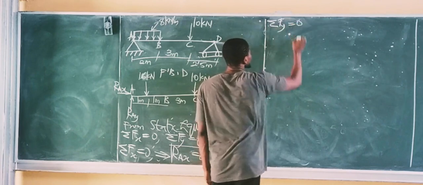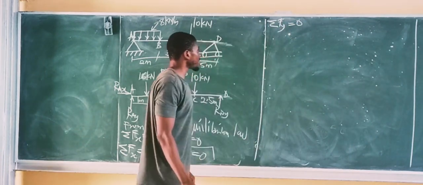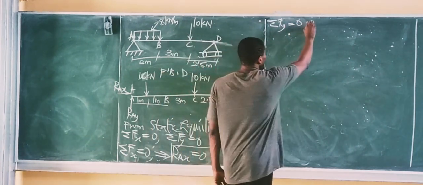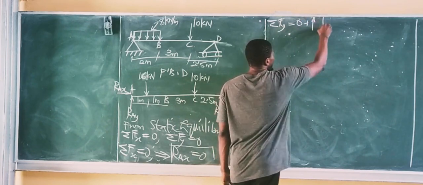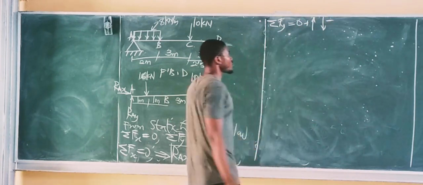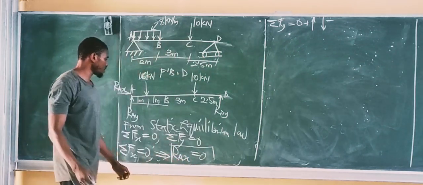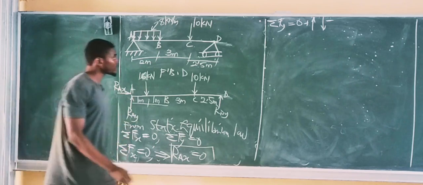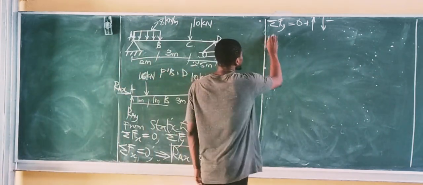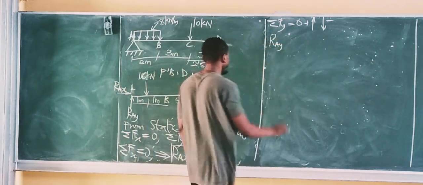is equal to 0. Now, when employing the vertical law, always consider vertically upward forces as positive, and vertically downward forces as negative. So if that's the case, we have RAY pointing upwards, so it's positive. So we simply have RAY.